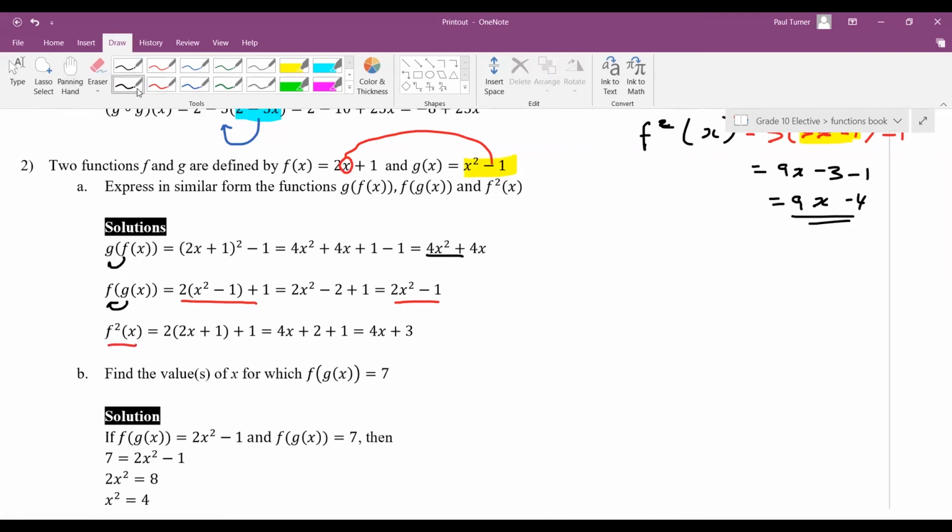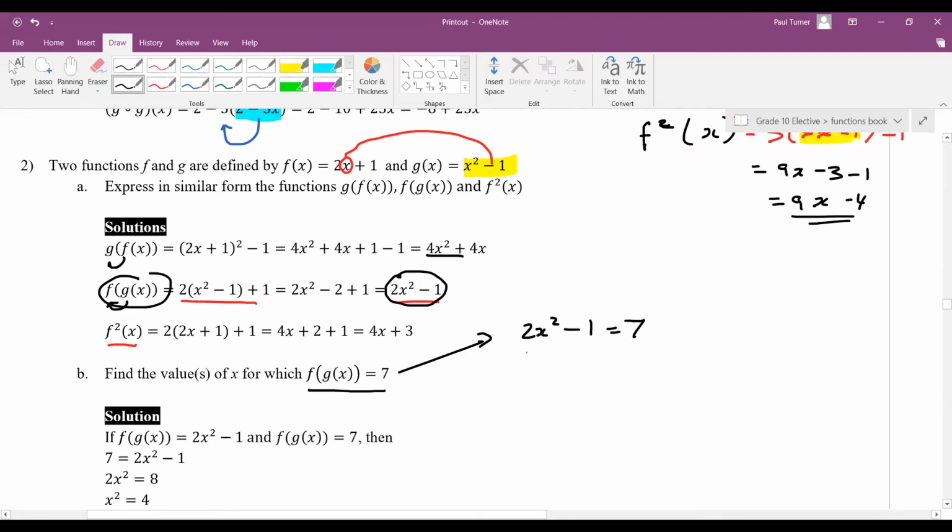And here it says, find the value of x for which this composite equals 7. Okay, so what was fg(x)? That was this one here. So we're going to get 2x squared minus 1 equals 7.